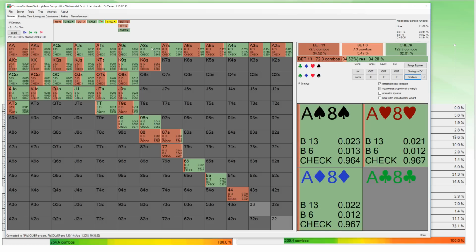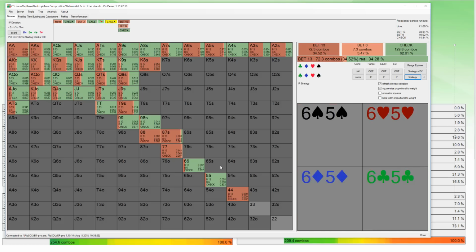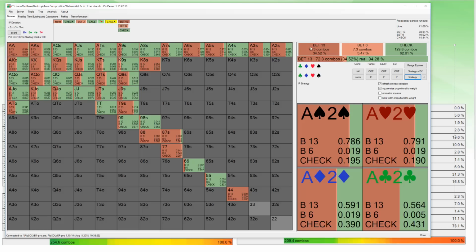No longer betting his ace 8, and then starting to bluff with some of these gut shots like ace 6 and ace 5. And yeah, so key takeaway here is that now in position is at an equity disadvantage and starts to polarize his range more.